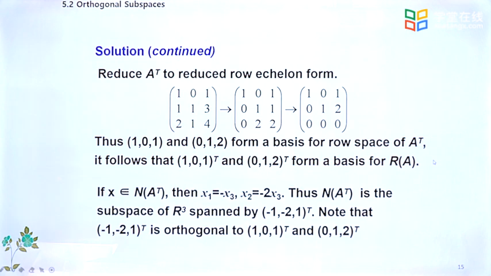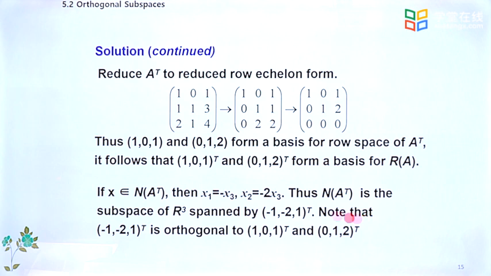And if x belongs to the null space of A transpose, then x1 equals minus x3, because the first row tells you x1 plus x3 equals 0. The second row tells you that x2 equals minus 2 times x3. So the null space of A transpose is the subspace of R3 spanned by, if you set x3 equals 1, (minus 1, minus 2, 1).